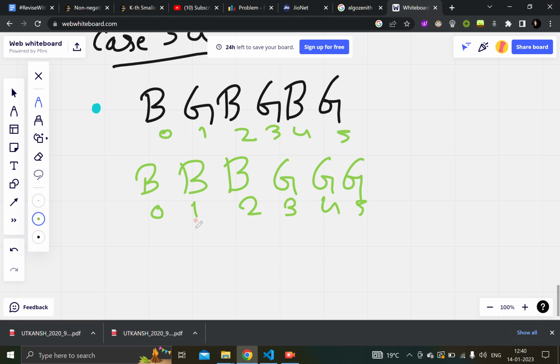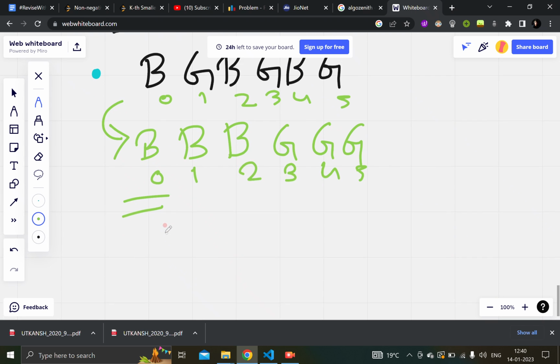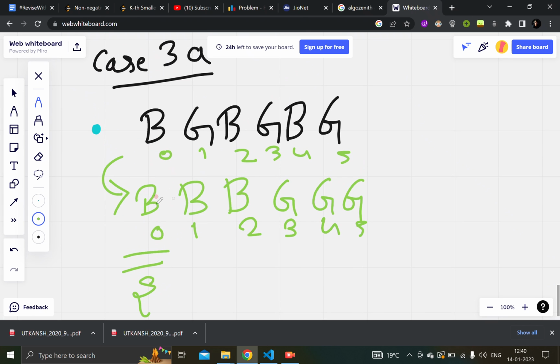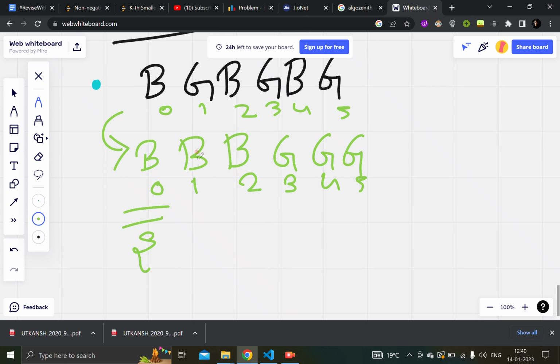So we just have to know how many swaps we have to make to get this possible arrangement from the other arrangement, right? We can use the same concept. We store the indices of boys and girls in separate arrays, the old indices, and we calculate the number of swaps it will take to make the new arrangement from the old arrangement, right?